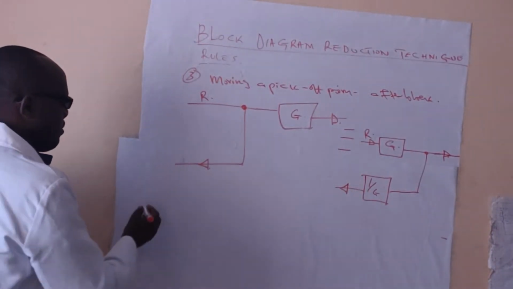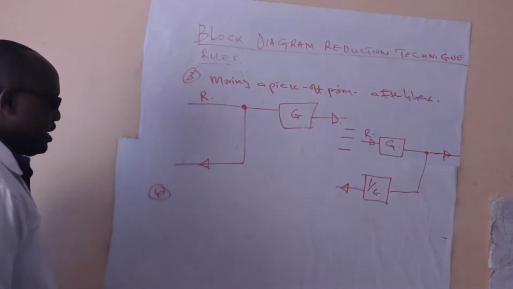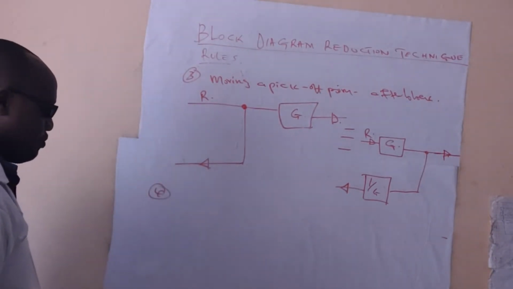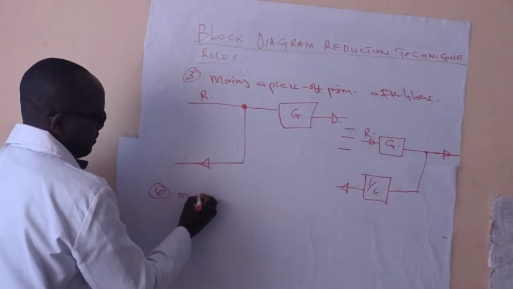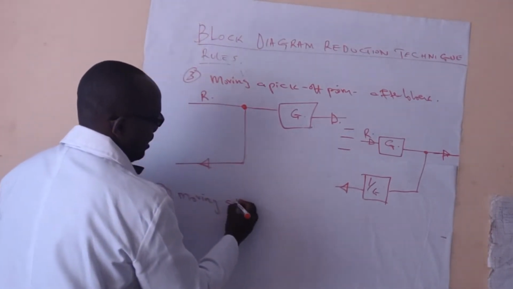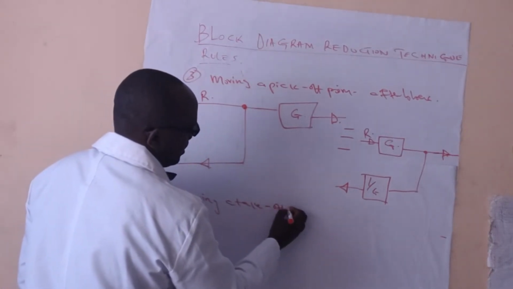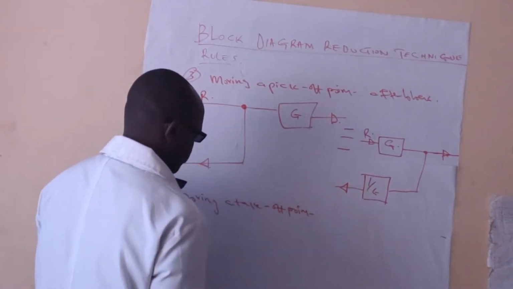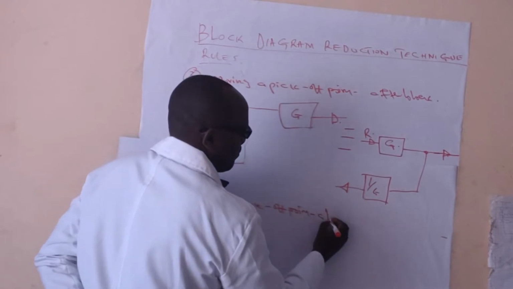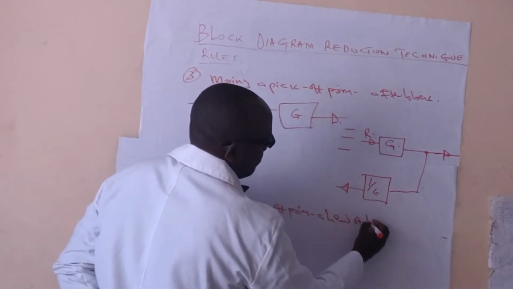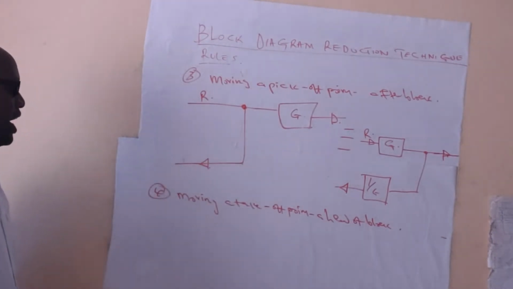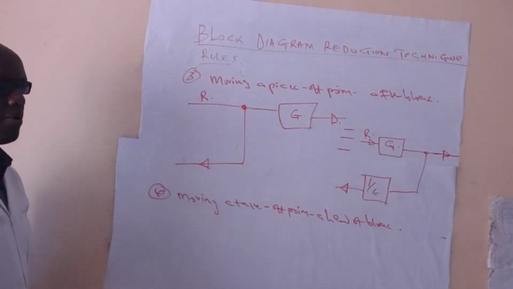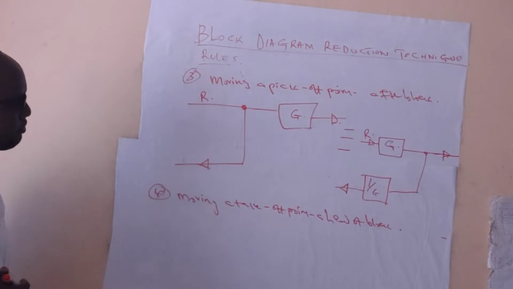Now rule number four is moving a takeoff point ahead of a block.